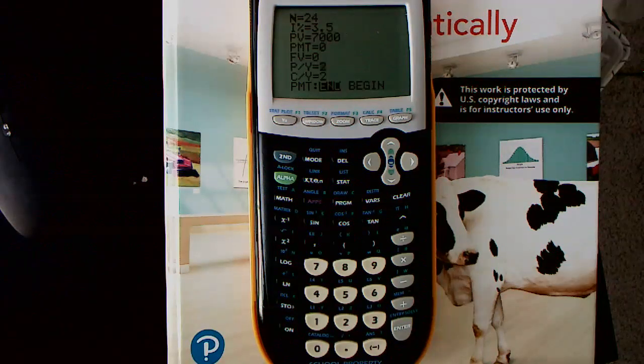Yeah, I'm waiting for you to respond to me. We had a 2 from the previous question because the interest is compounded semi-annually. But in this question we are working on, the interest is compounded monthly. So what number should we have there?